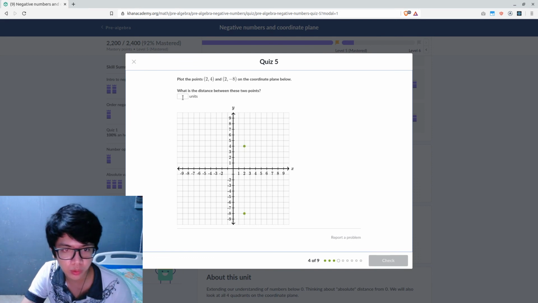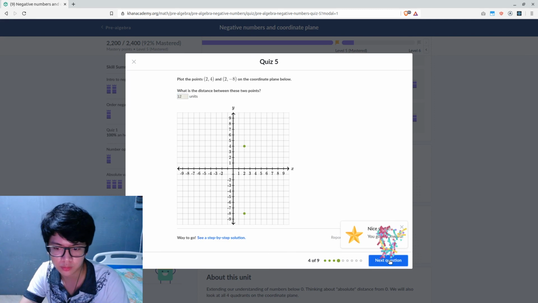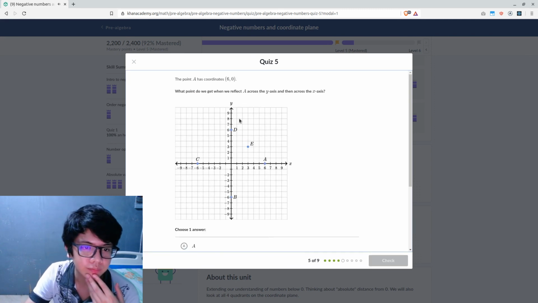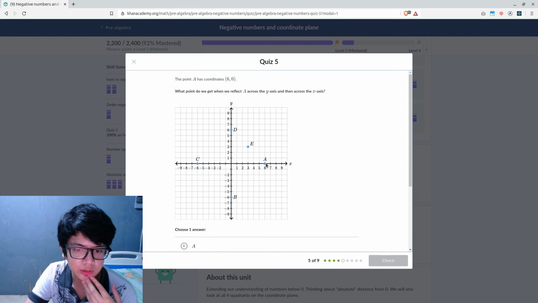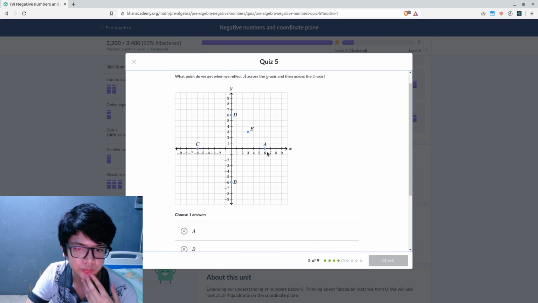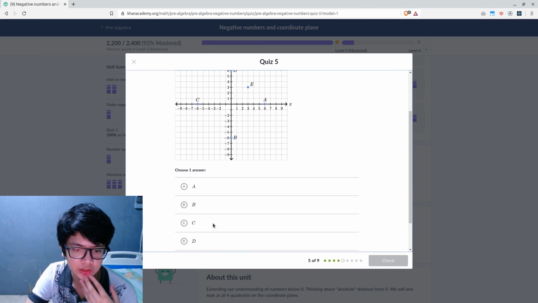The distance between the 2 points is 12. The point A is coordinate 6, 0. What point do we get when we reflect A across the y axis and then across the x axis? The x is pretty much the same, 0, so we get C.